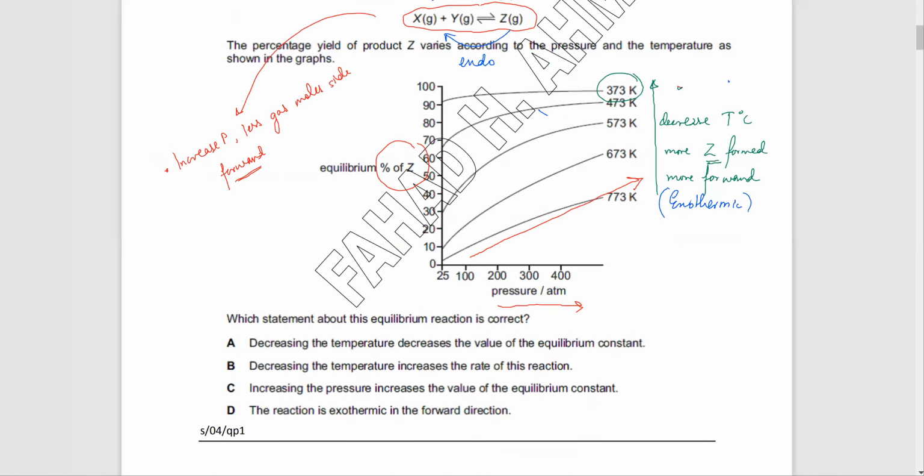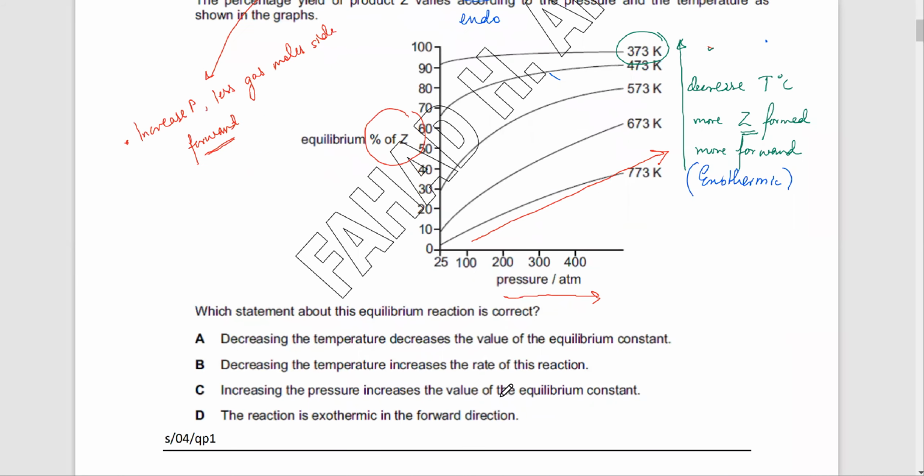Now, which statement about this equilibrium reaction is correct? Decreasing the temperature decreases the value of the equilibrium constant. We haven't studied equilibrium constant, so forget that. Decreasing the temperature increases the rate of the reaction. That's obviously incorrect because if you decrease temperature, all reactions would slow down, whether forward or backward.